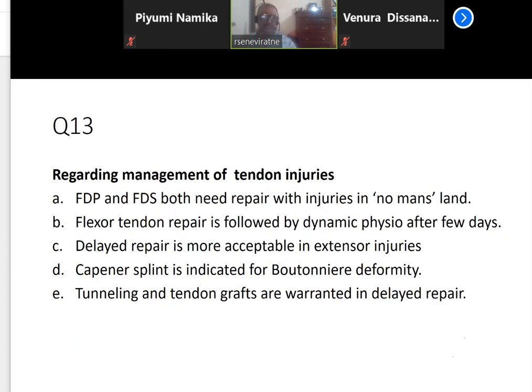Regarding management of tendon injuries, can somebody please tell me, do FDP and FDS both need repair with injuries in no man's land? You know what no man's land is? The area between the distal palmar crease and the proximal interphalangeal joint. Why?